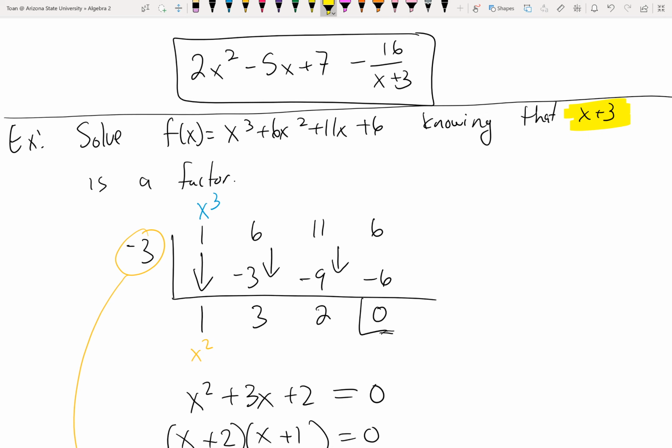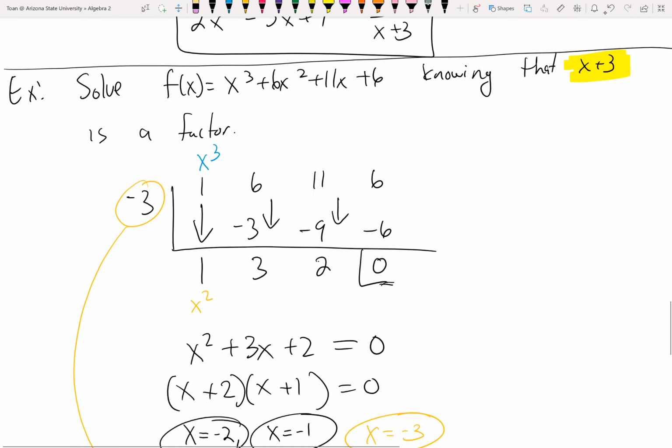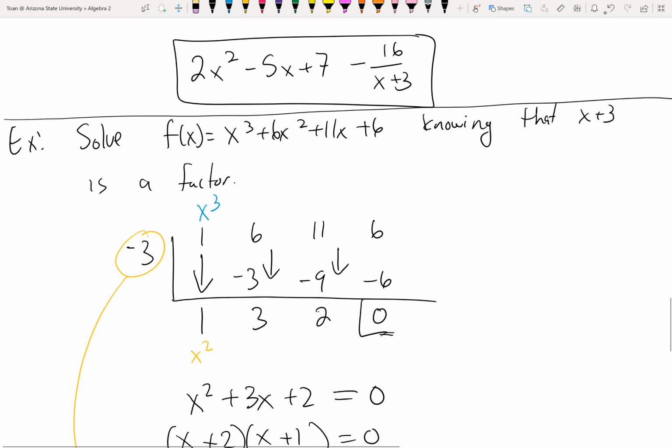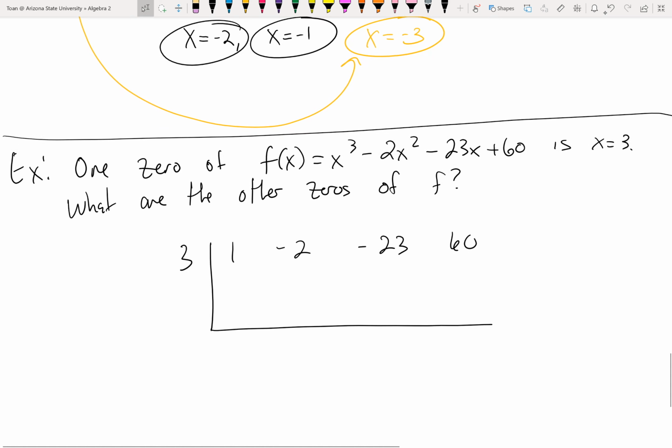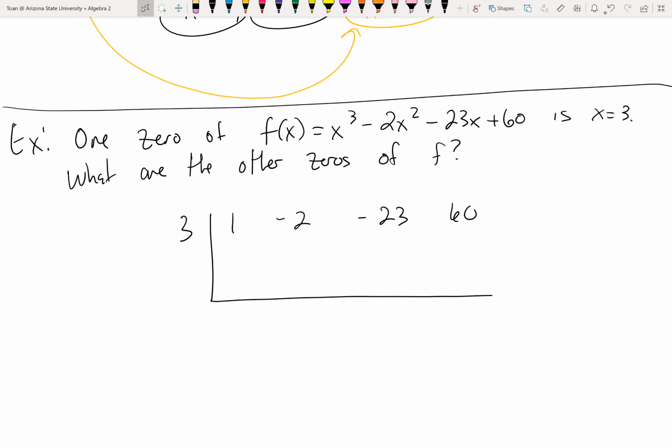So when it comes to synthetic division, you can't use factors. You have to use numbers. You have to use zeros or roots. In this particular case, let me erase this. In this particular case, they did give me a zero. They did give me a root. So I'll just go ahead and use that number as is. So that's the only little extra thing I wanted to make note of. But let's go ahead and see the solution to this example.